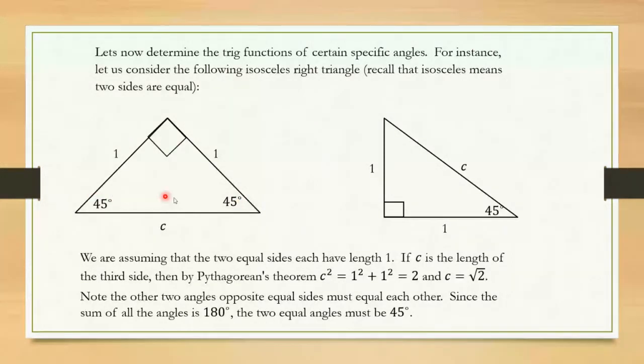And how did I know ahead of time that they're equal? Because they're opposite equal sides. If you have angles that are opposite equal sides, that forces the angles to equal each other. How do you prove that? Off the top of my head, I honestly don't know. I know it's a fact, though.